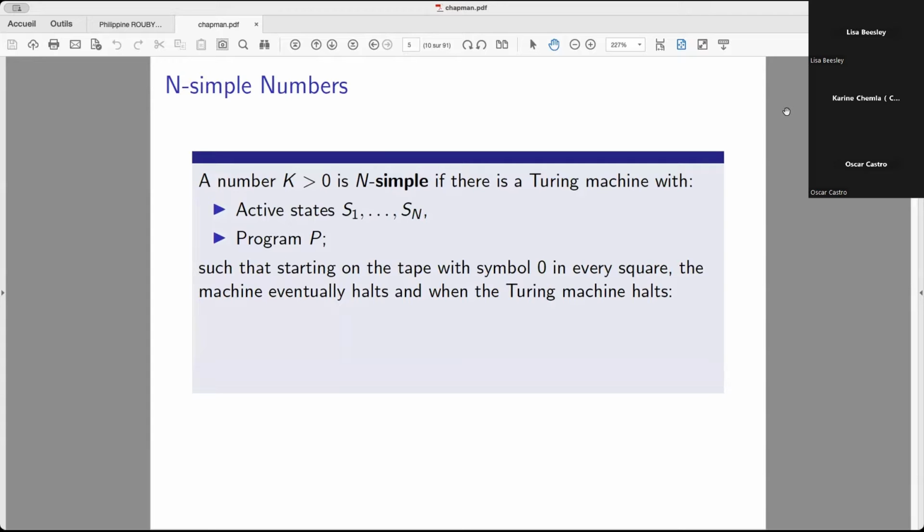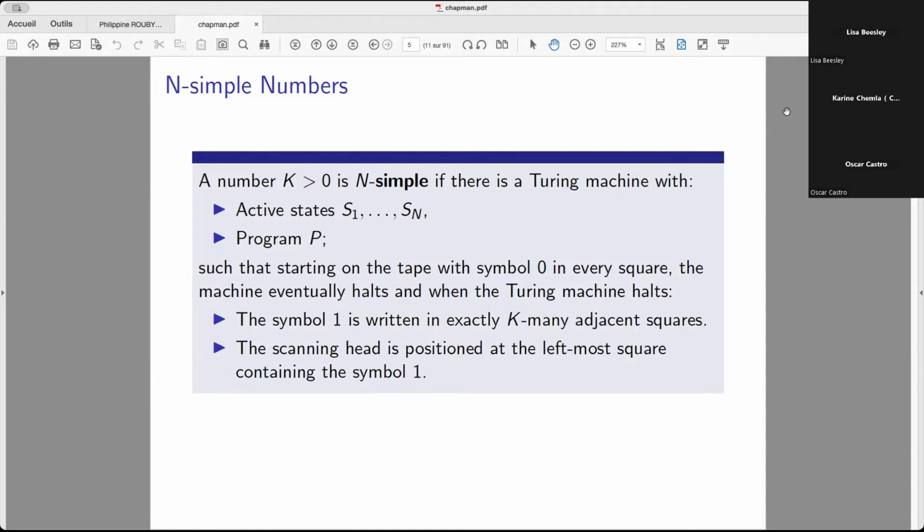An integer k bigger than 0 is n-simple if there's a Turing machine with n active states and program p, such that if it starts on the tape in which 0 is written in every single square, it eventually halts, so enters the halting state, and when the machine halts, the symbol 1 is written in exactly k many squares, and the scanning head is positioned at the leftmost square with 1. Okay, so a very simple way a Turing machine might calculate an integer.